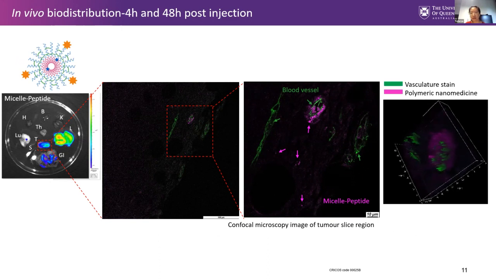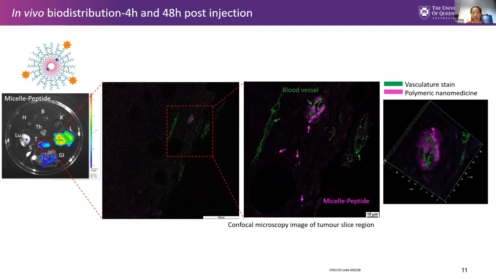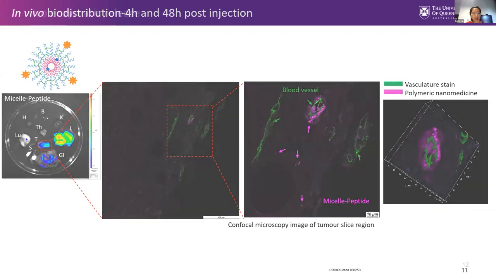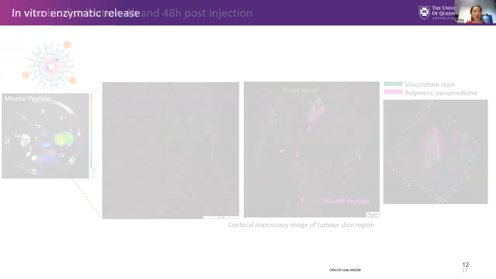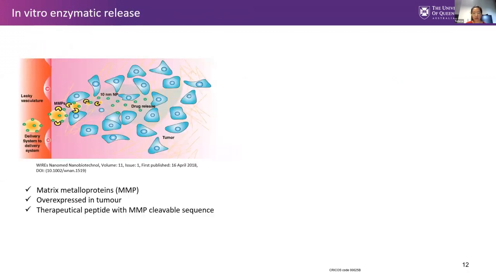But the next question is, is the peptide still active when it has been delivered in the tumor microenvironment? Does it need to be cleaved off to be active? In case it needs to be cleaved off, we incorporated an enzyme cleavage sequence in our peptide, which is sensitive to the matrix metalloproteinases, MMP.